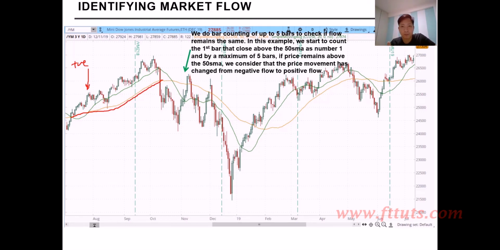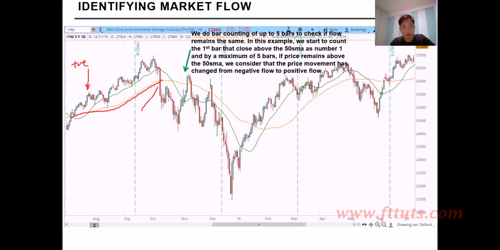Take note, we always count the first bar that closes below or above the 50 SMA as number 1. If up to 5 bars the price action continues to be on the other side of the flow, we say that the flow has changed. I'll give you an example here.